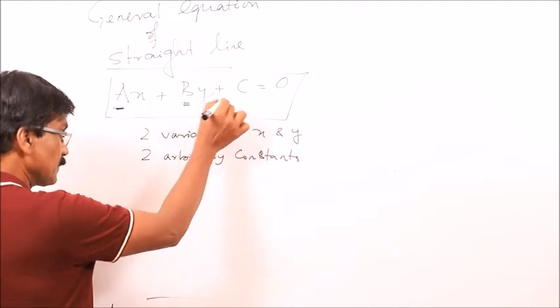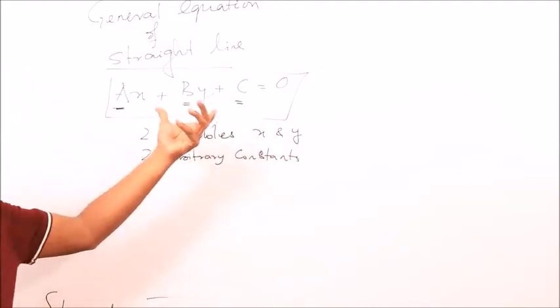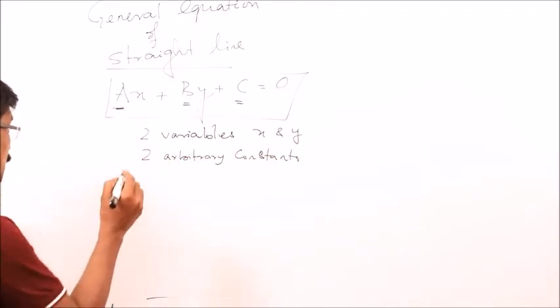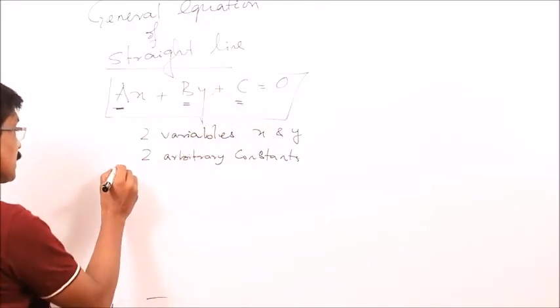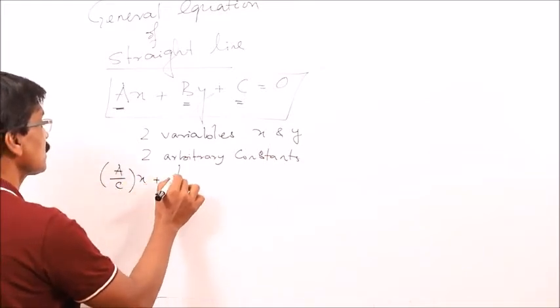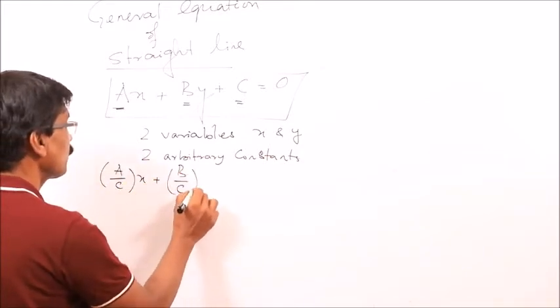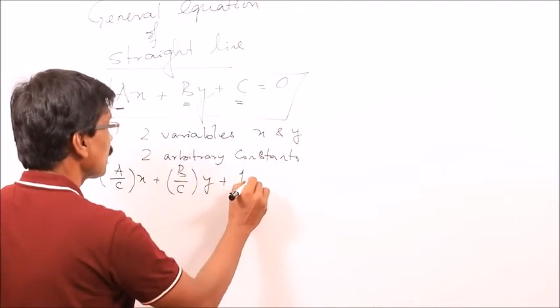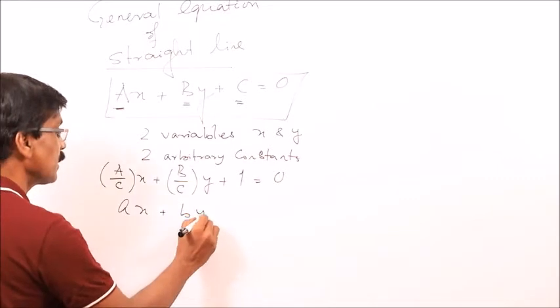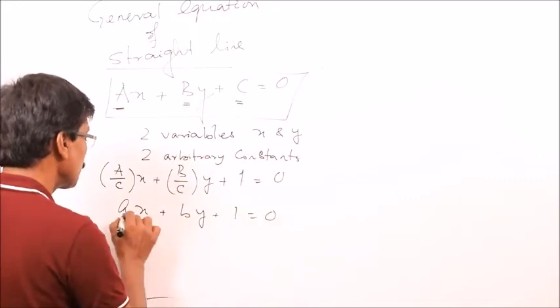It is shown as 3, but it can be reduced to two arbitrary constants. How? Because if we divide by c, that is (a by c) into x plus (b by c) into y plus 1 is equal to 0, that is ax plus by plus 1 is equal to 0.